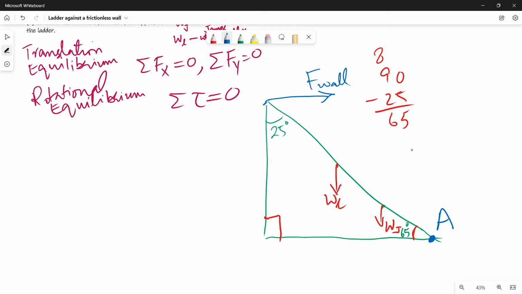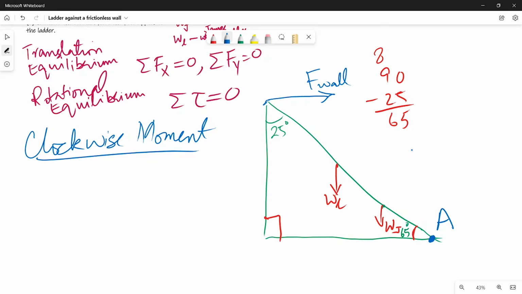So let's write what is the clockwise moment. The moment due to Wj is anti-clockwise, due to WL it is anti-clockwise, and the moment due to F wall is actually clockwise.